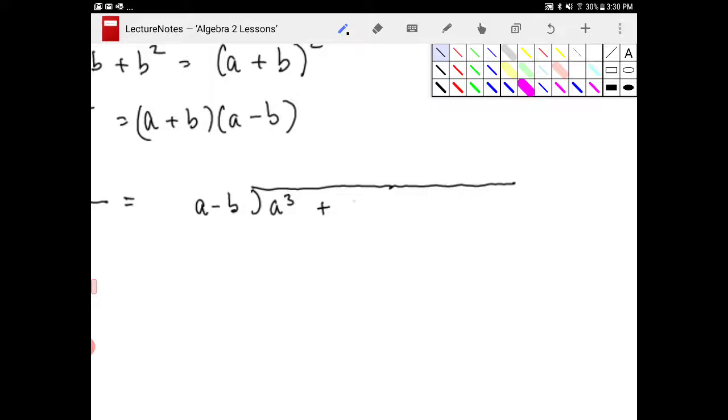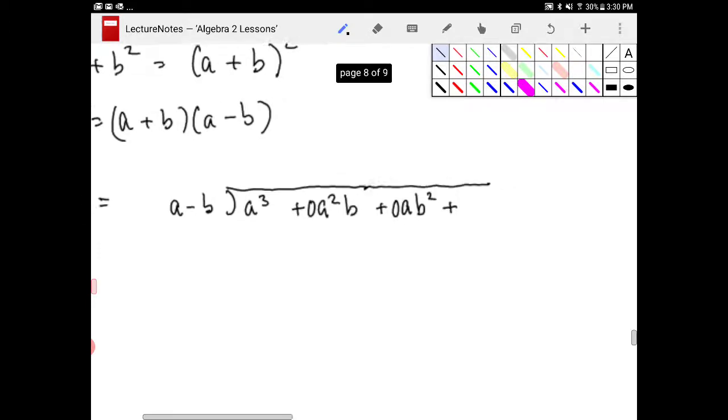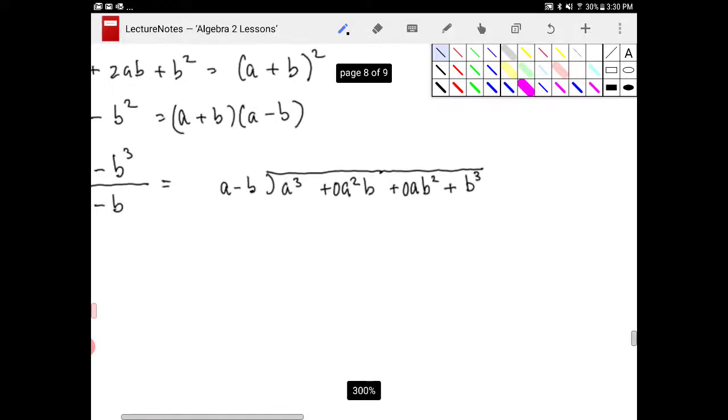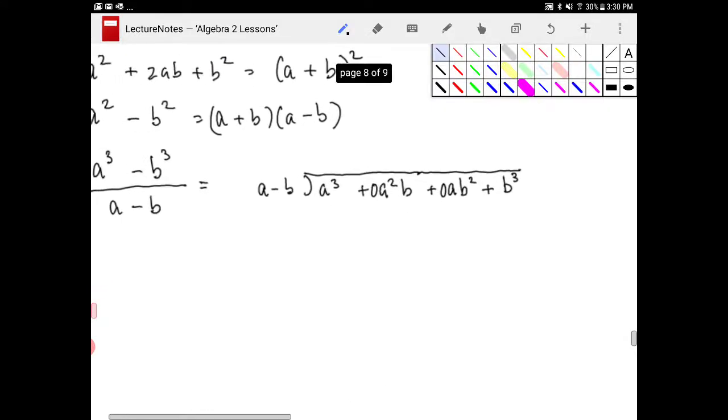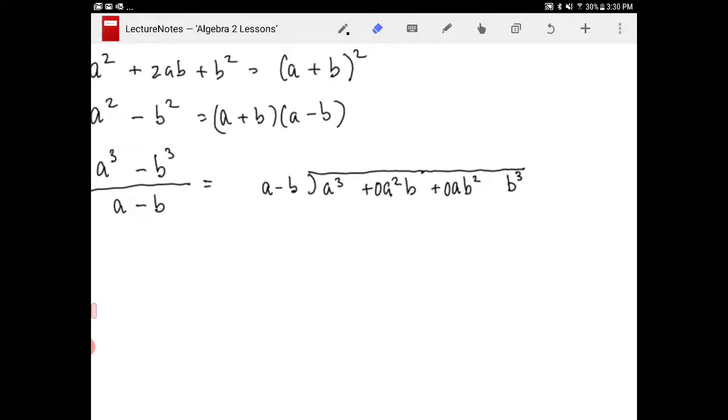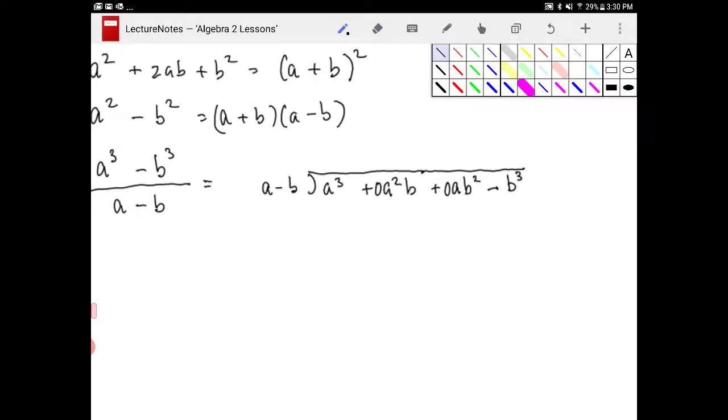So it's going to be a cubed, plus 0 times a squared b, plus 0 times a b squared, minus b cubed. Okay, so these are going to be the placeholders in between.